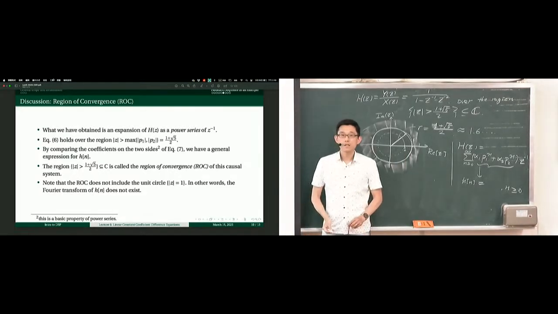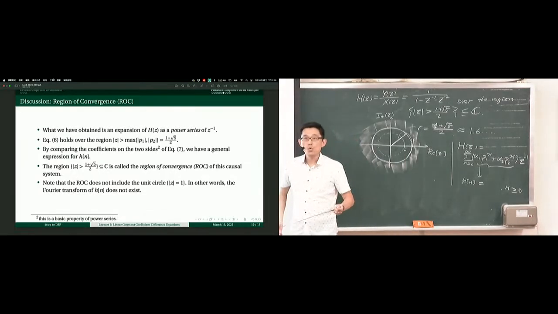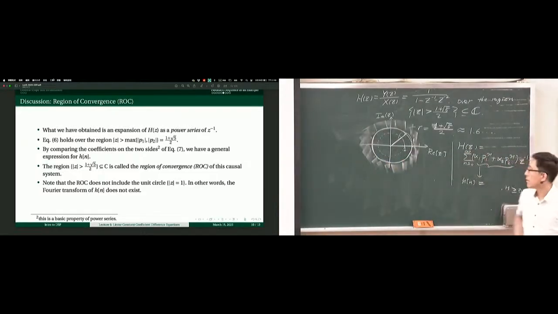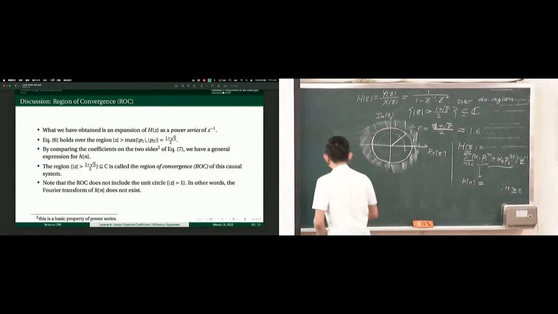So now here comes the question. Remember that we said in the previous meeting, what is DTFT? Is there a relation between DTFT and Z transform, right? I shared with you that DTFT is Z transform evaluated on the unit circle.